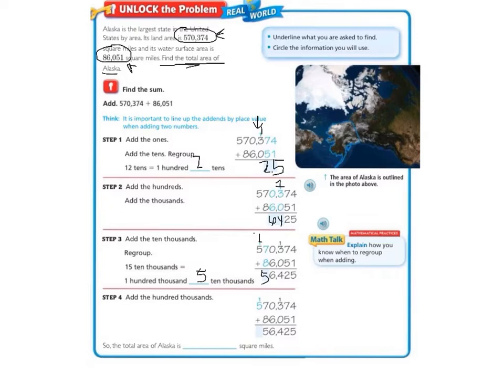Then I have the 5 in the 100,000s place, but I carried this 1, so 5 plus 1 is 6. So when I'm all done, I have 656,425. Let's write our answer on the line below.